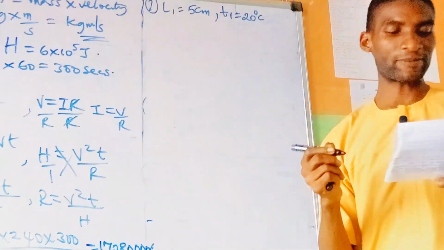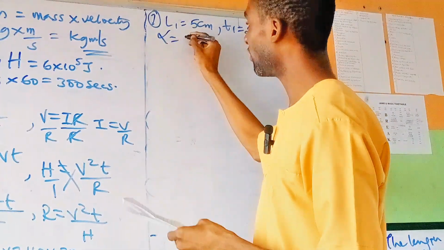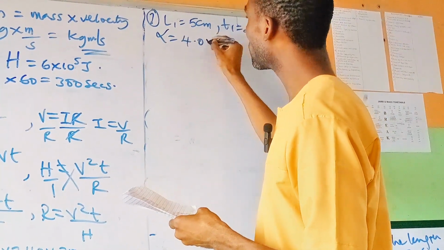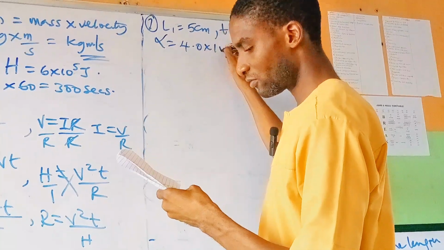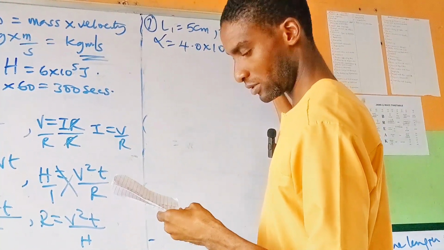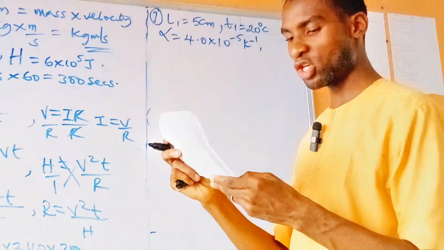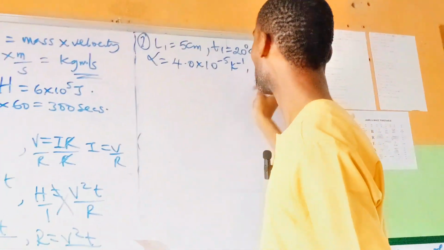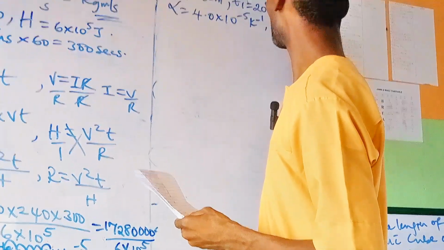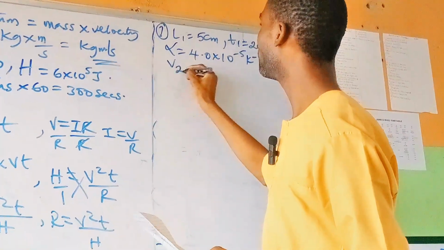Given that the linear expansivity of the metal is 4.0, so that is our alpha is 4.0 times 10 raised to the power minus 5 per Kelvin. Find the volume of the cube at 120 degrees Celsius. So if our T2 is 120 degrees Celsius, we are being asked to find the V2.